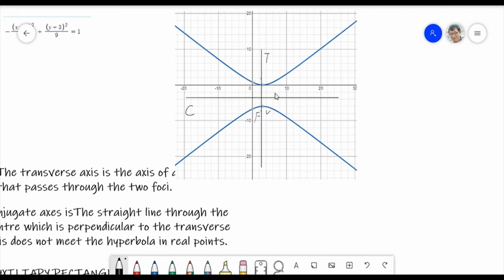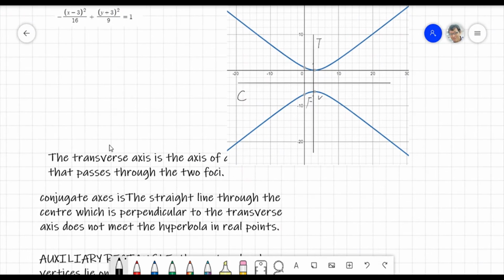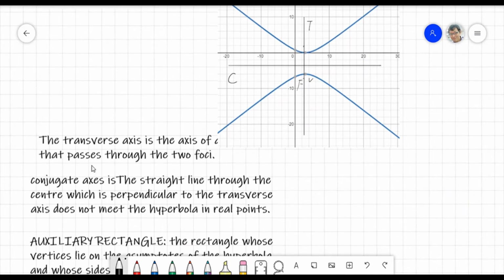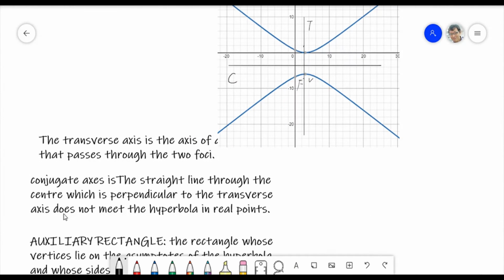So you have two of those, and then the two asymptotes. Based on this we already have four intersection points. We link these four points together, and this is called the auxiliary rectangle.